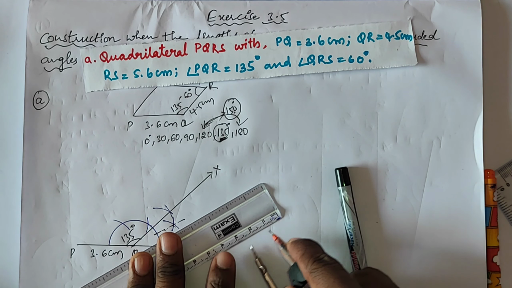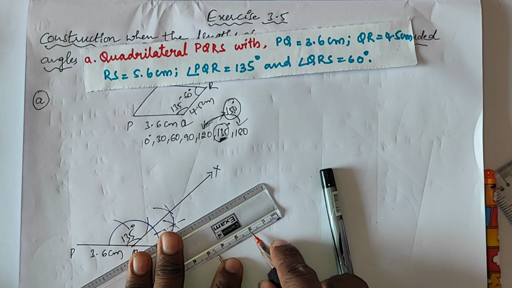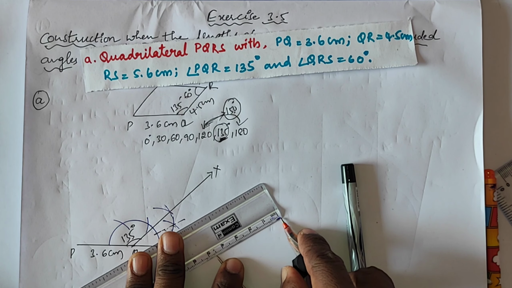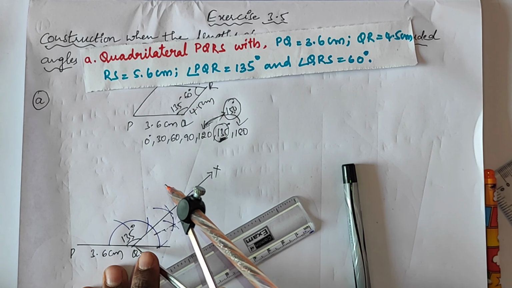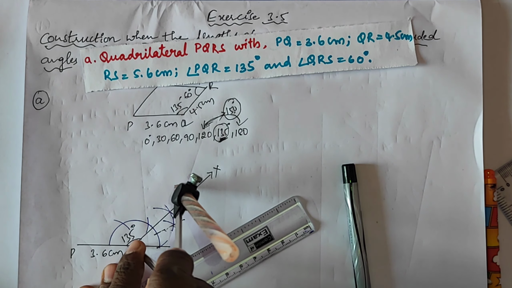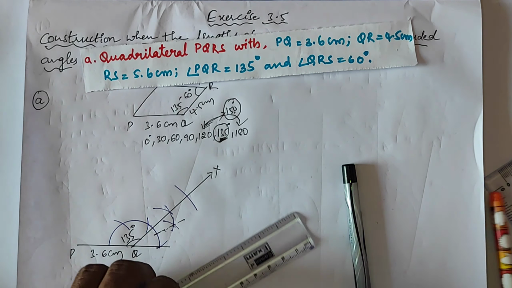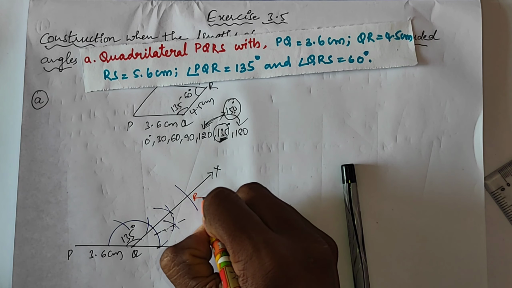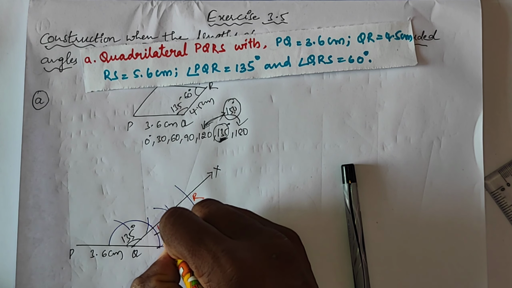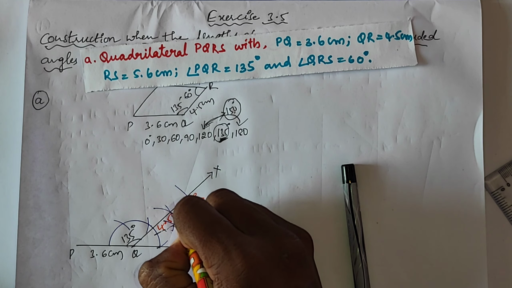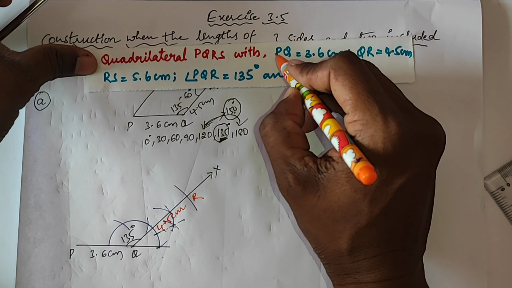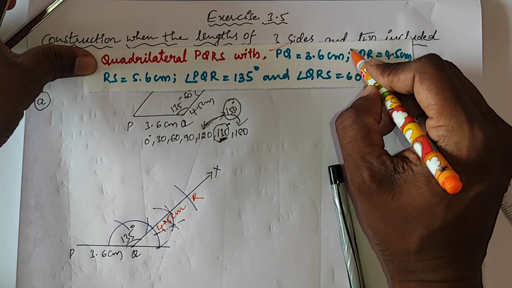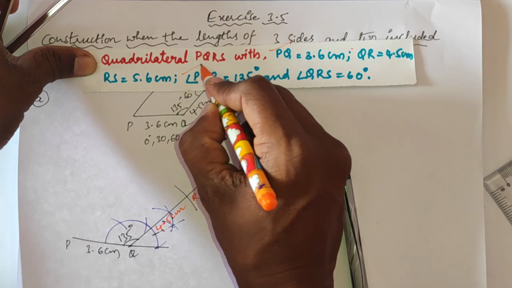Measuring a 4.5 centimeters radius, taking Q as a center, I am cutting this ray. We got the intersecting point. This is R, and this measure is 4.5 centimeters. Completed.